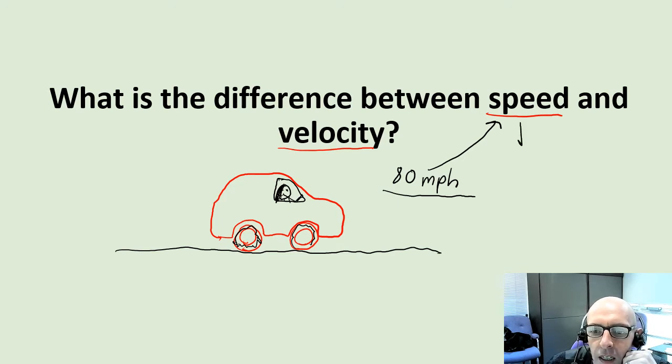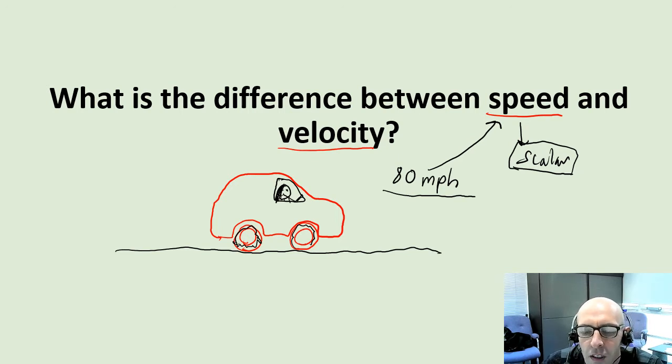is a scalar quantity. Scalar means it has a size. If I said to you that my hand was 15 centimeters long, brilliant, that's a scalar quantity. So scalar quantities are things like, well, we've got here speed, we've got length, mass.